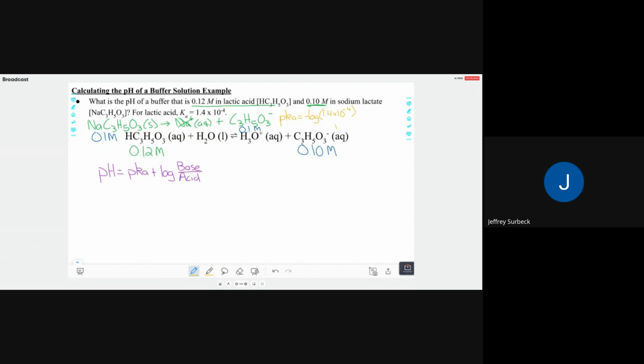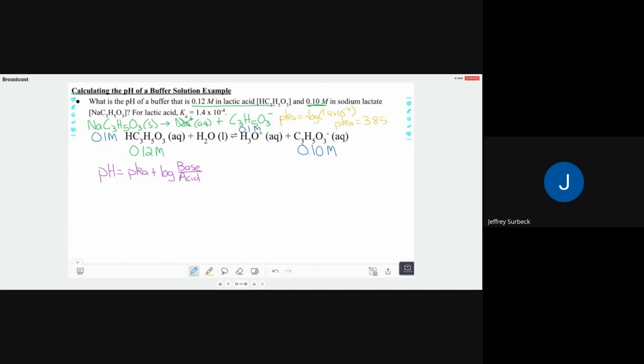And if I plug this in my calculator, I'm going to keep 2 decimals here. I realize with significant digits we should keep only 2 total digits, but 2 decimals is going to be a lot nicer. I plug that in my calculator, and I get a pKa of 3.85.